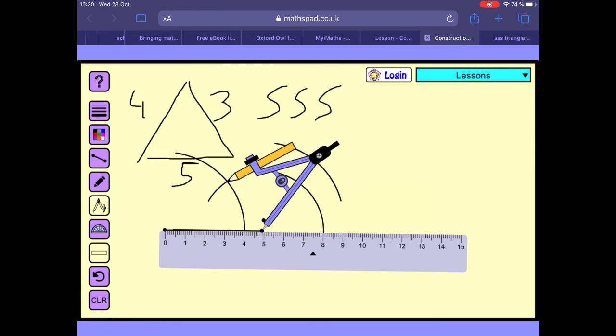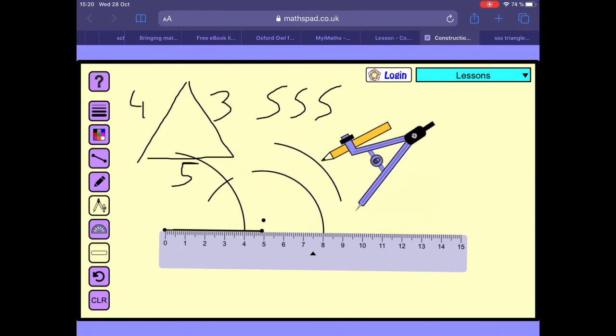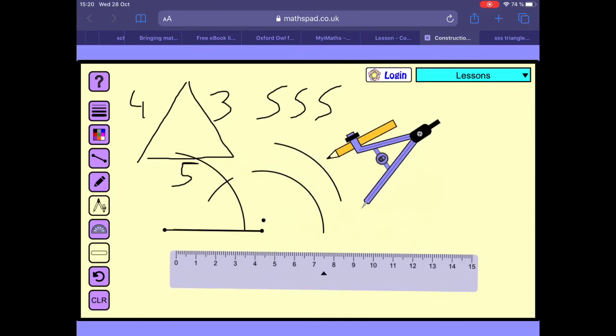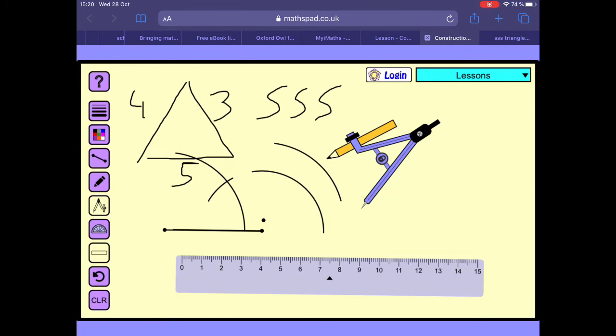There, that's it. Beautiful. So now I've got my original base, which is 5 centimeters long. I've got the 4 centimeter arc and the 3 centimeter arc crossing each other.